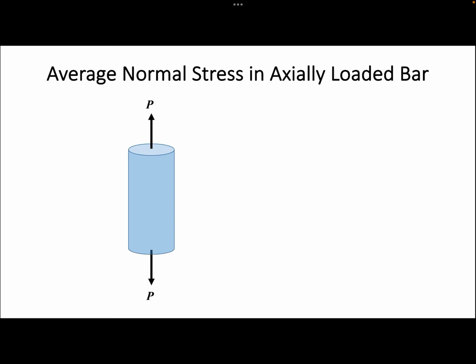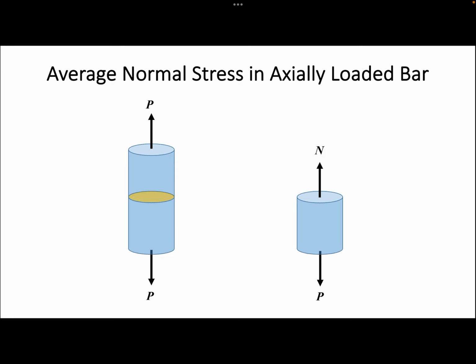Now, to find the average normal stress, we will first section through the bar using a plane perpendicular to its longitudinal axis. Then we will plot the free body diagram for either half of the bar and use it to find the internal loadings at the section location.